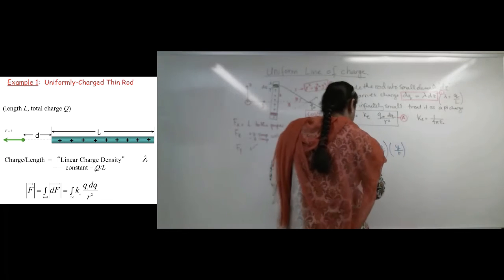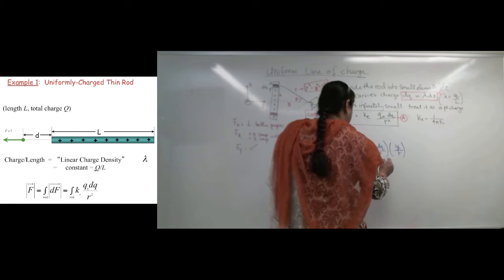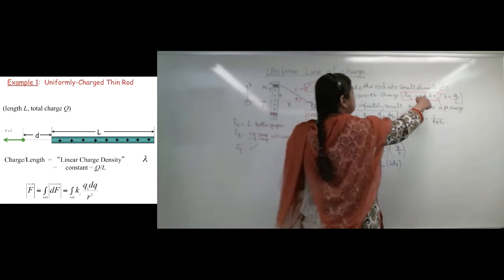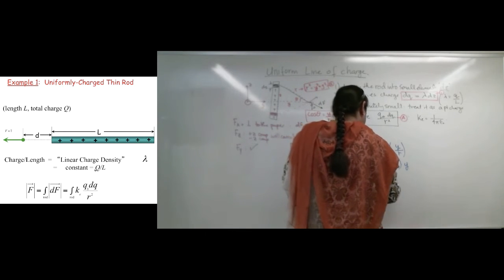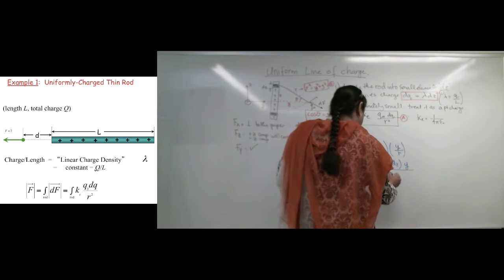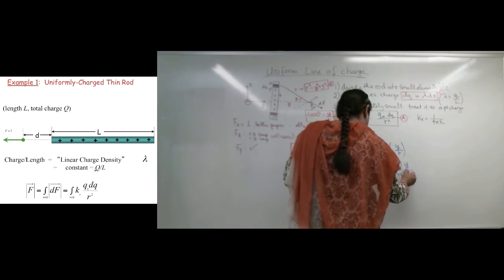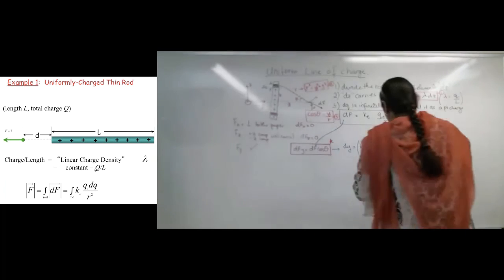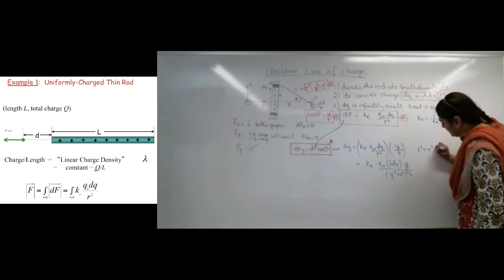So if I combine them together, I will get k_e q naught lambda dz y divided by (y squared plus z squared) to the 3/2. Now how did I get that? Well, I combine these two, which is r squared times r, which gives me r cubed, right?